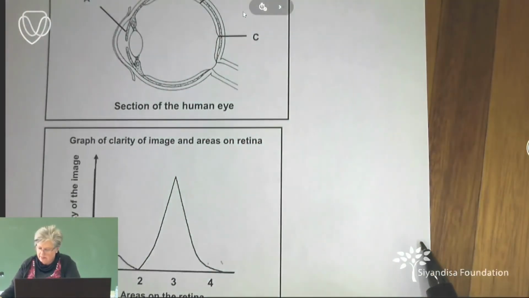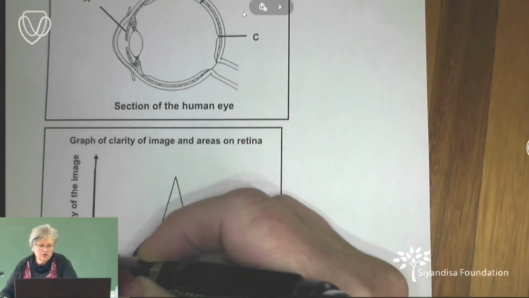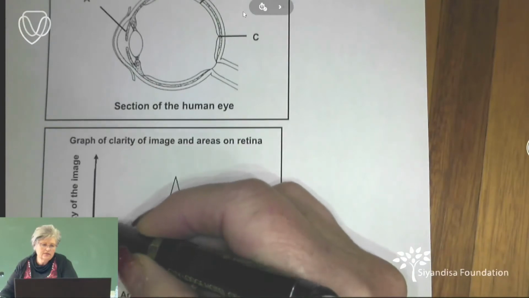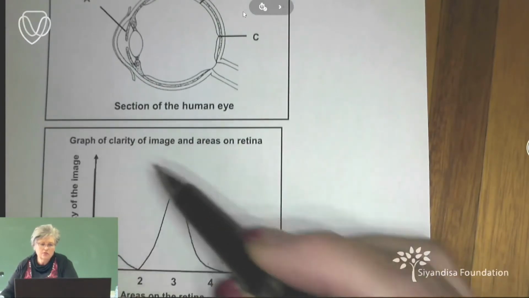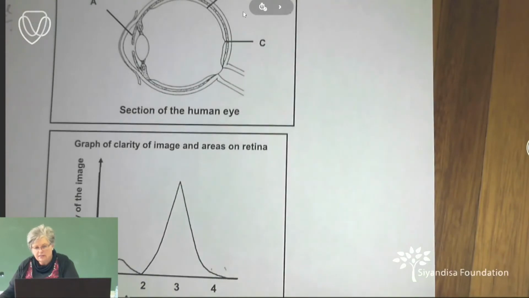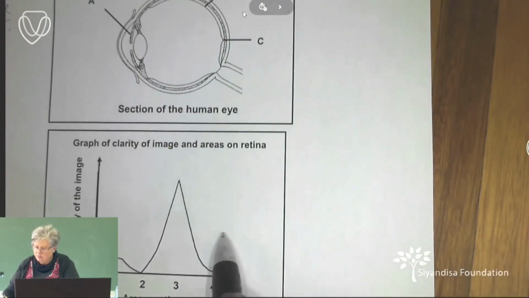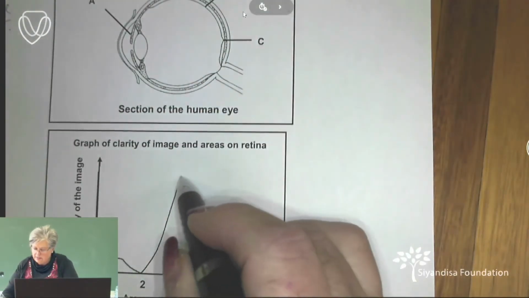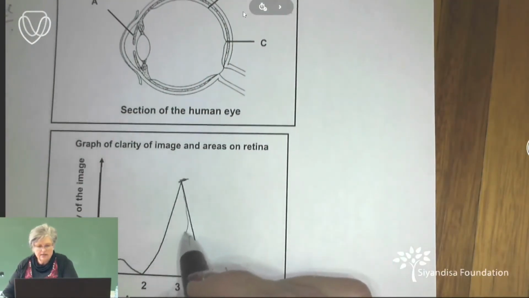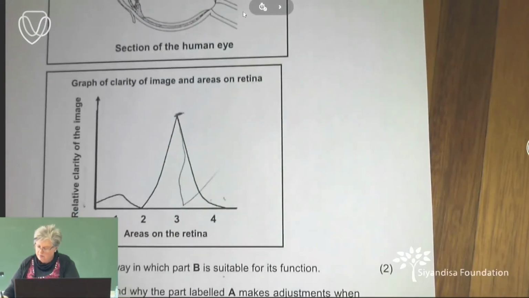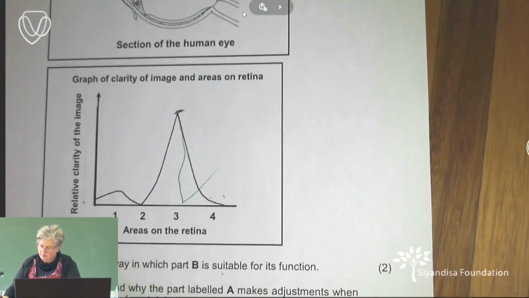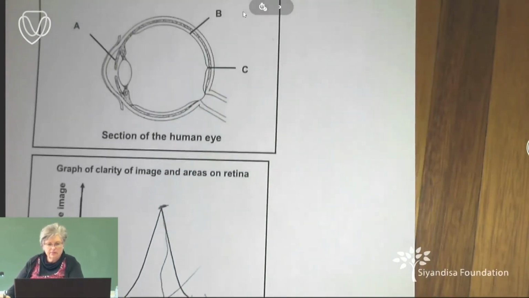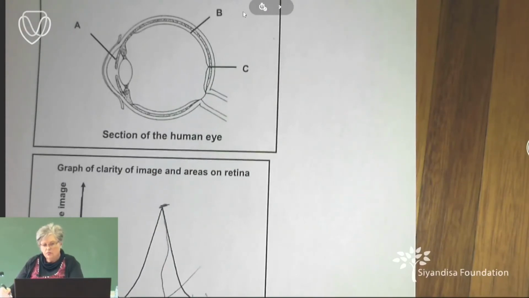What is my clue? My clue is the clarity of the image. So where is the image the brightest? The image is the brightest at C. So where is the image the brightest here? At number 3. So number 3 will represent C. Okay. Can you see? A difficult way of asking it, but a simple answer.